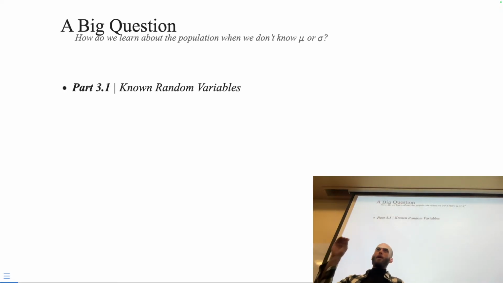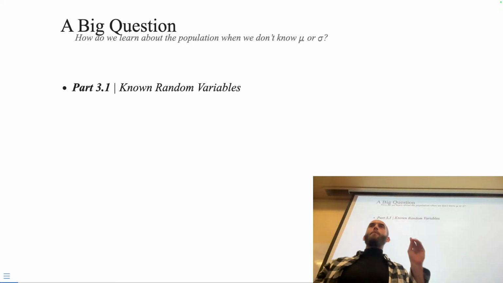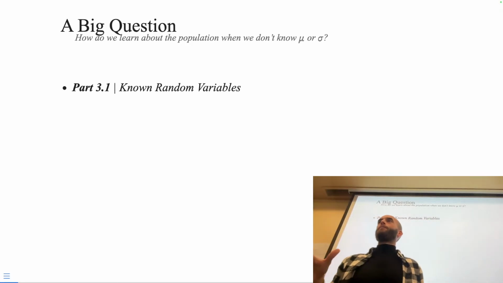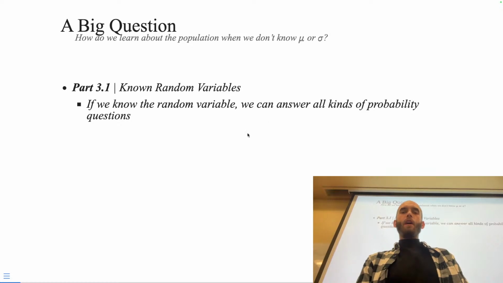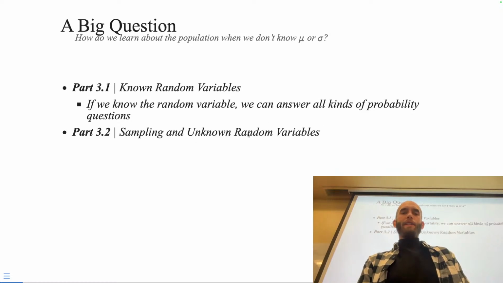Just as a refresher of the sequence that we've been working through, in 3.1, we talked about what happens if we did know a random variable. And we talked about different things we could do if we had random variables. All kinds of probability questions. Then in 3.2, this is where we started leaving the world of knowns.